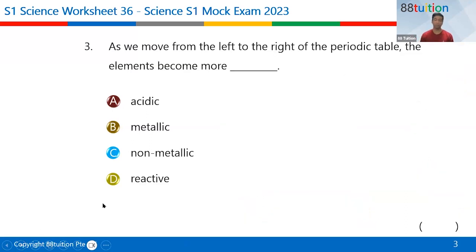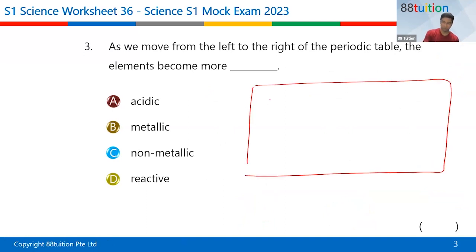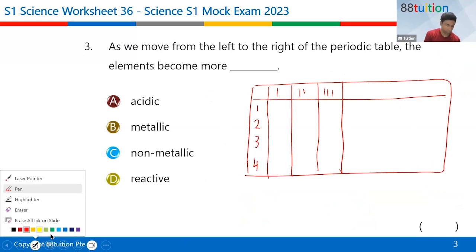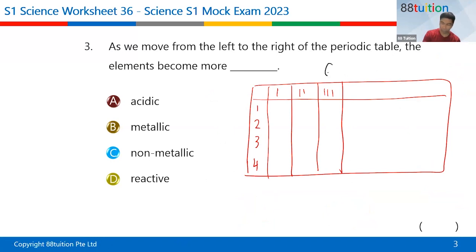As we move from left to right of the periodic table, the elements become, okay. So this is a very quick way of writing periodic table, right? Then I can go. So what are the top referring to? Group. The side refers to period.